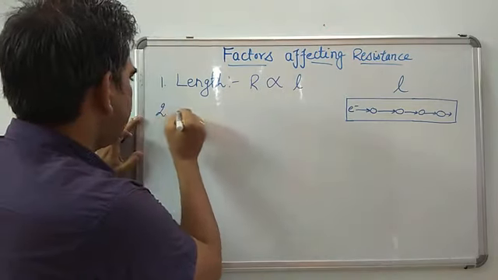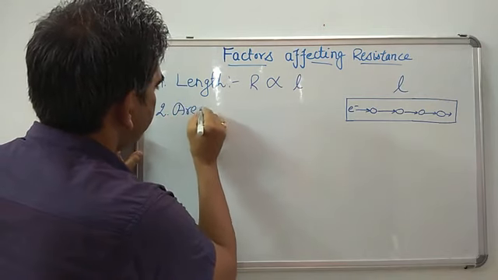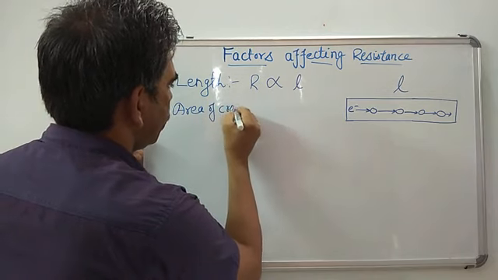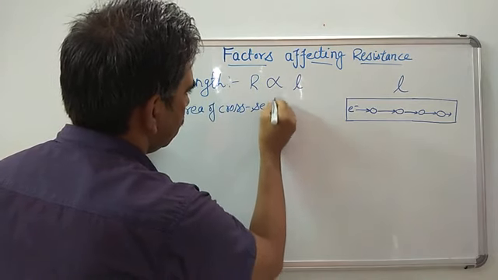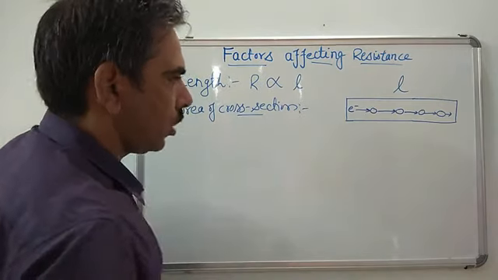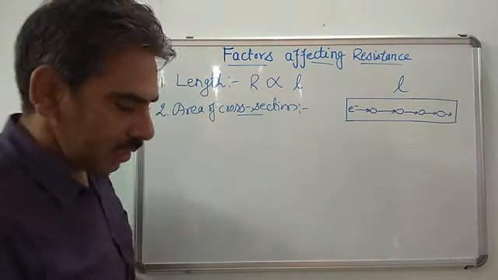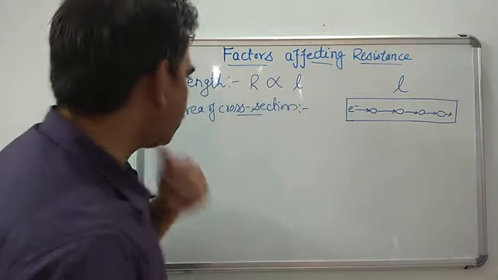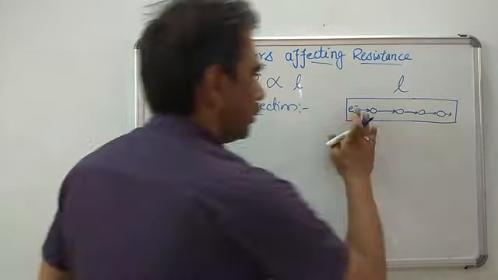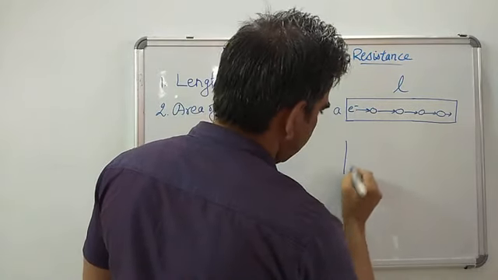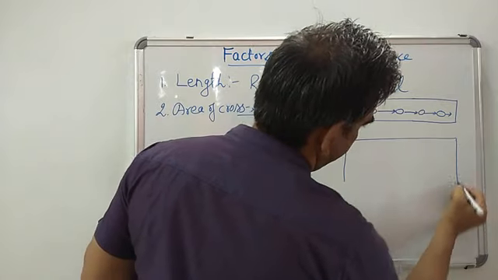The second factor is area of cross section, right? So how does the area of cross section affect the resistance of the conductor? Suppose that this is one conductor, it has this area A, and we have another conductor having double the area.